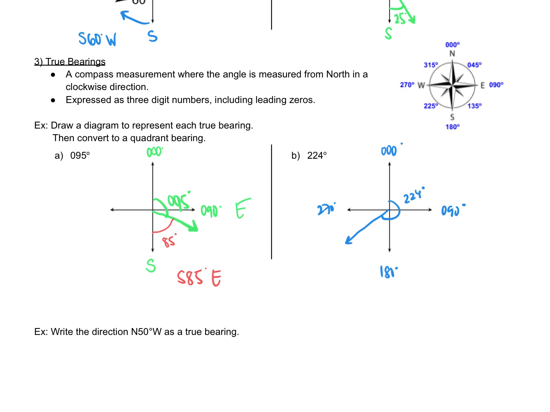Now, for a quadrant bearing, I know I'm starting at the south and going towards the west. I just need to know this angle. So I'm going to do 224 subtract 180, which is 44 degrees, which means our quadrant bearing is south 44 degrees west.